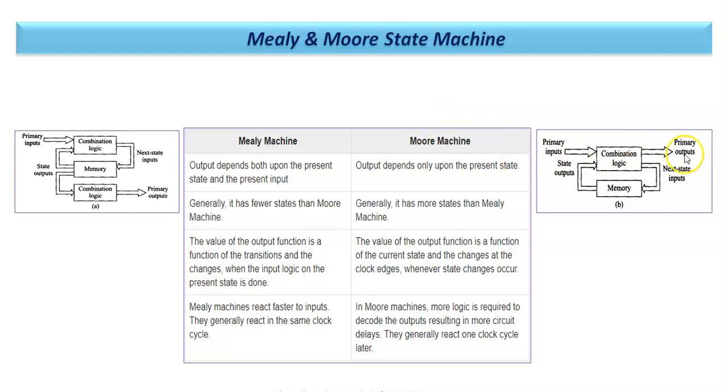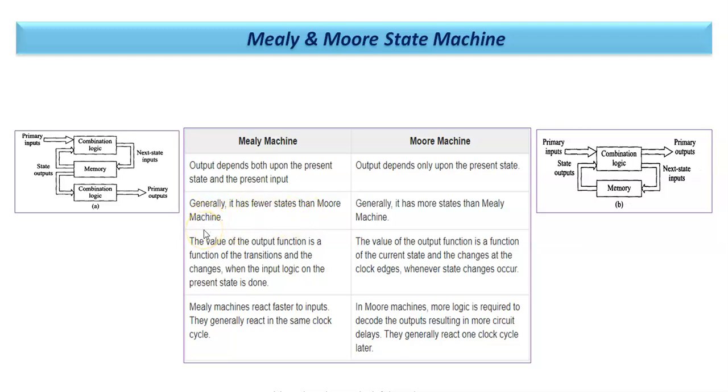Now over here my output depends upon present state only. So if the state is something, depending upon that only my output is decided. So here output depends upon present state and present input. But here output is state dependent. Generally Mealy has fewer states than Moore.